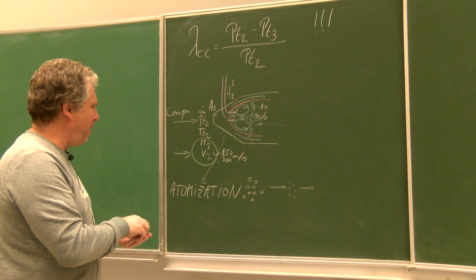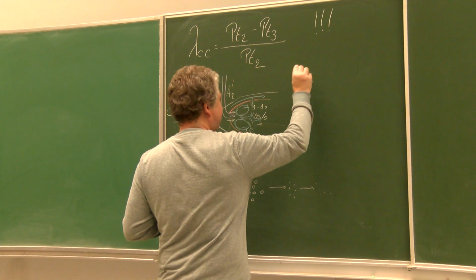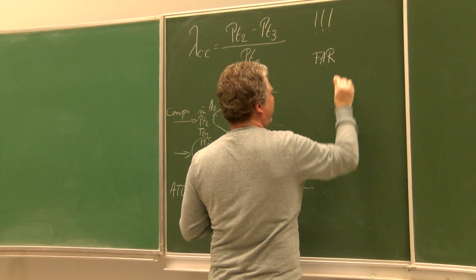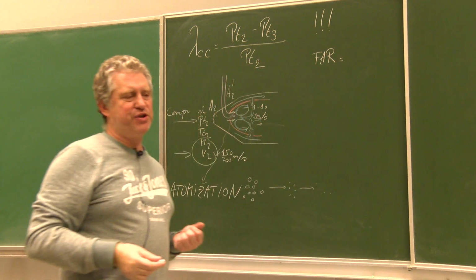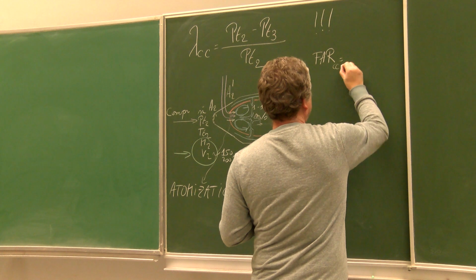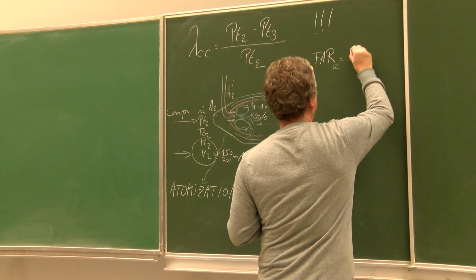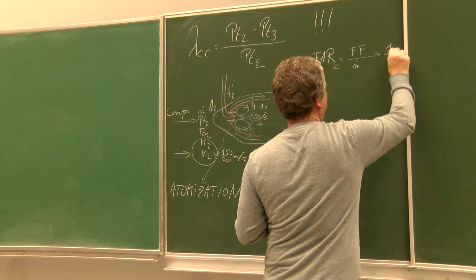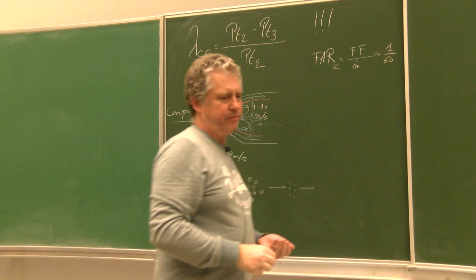The second problem you have is that the fuel to air ratio that we have in the combustion chamber, globally speaking, this is the fuel flow divided by m dot. This is in the region of 1 divided by 60.